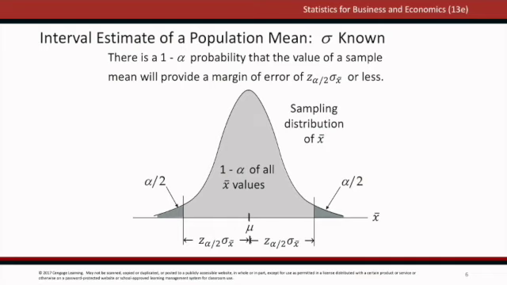If the area in between these two values is 90%, then the area outside this interval is going to be 10%. And half of that area, 5%, is going to be on the lower tail, and another half is going to be on the upper tail. And the question is, how do we compute these values?